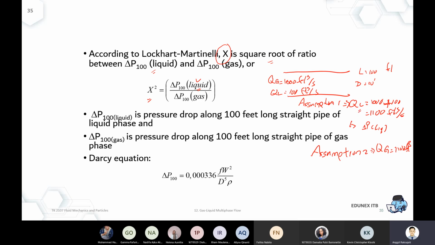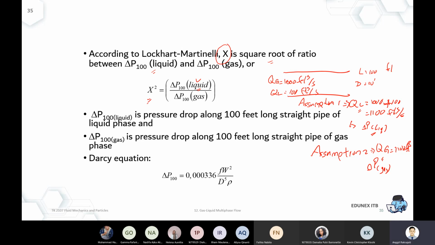If you assume it's a liquid, the density will be close to oil or water, close to 1,000 kilogram per cubic meter. But when we assume it as a gas, the density must be much smaller than the first assumption. So the delta P of the liquid must be different from the delta P of pure gas. Once you get that number, now you get the value of X squared. The ratio between delta P liquid per delta P gas, that's the X squared.